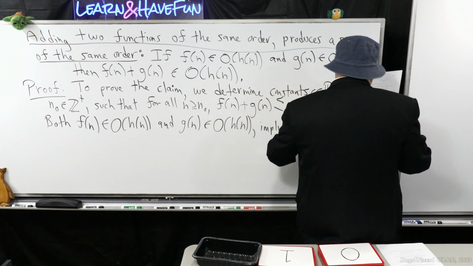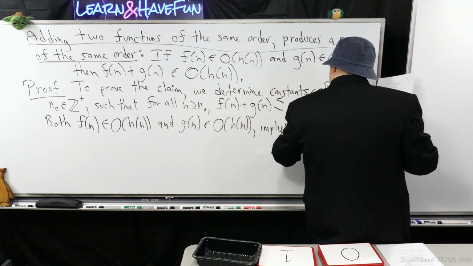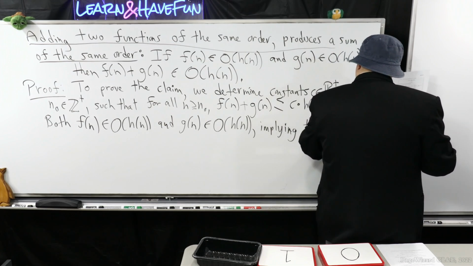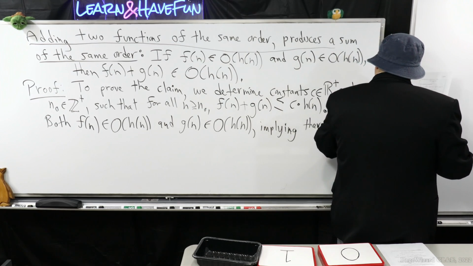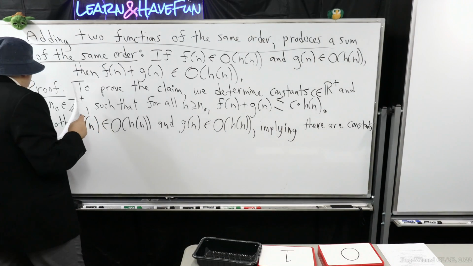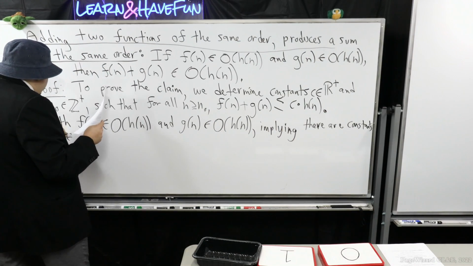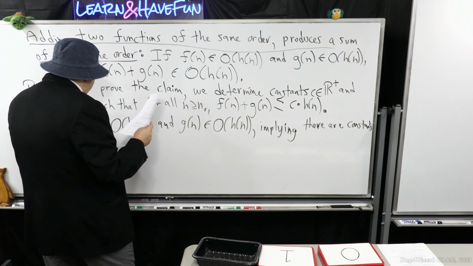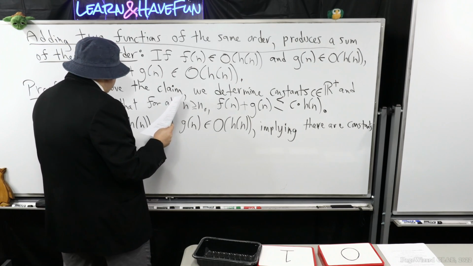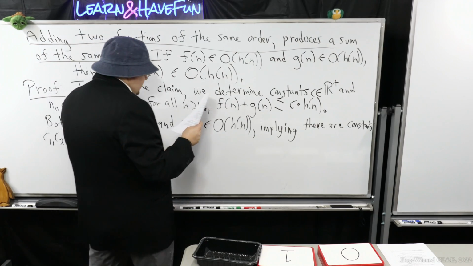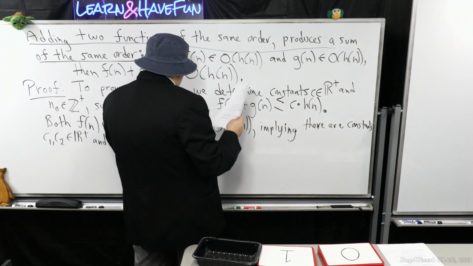Implying there are constants, c1 and c2, which are going to be positive real constants, and n1, n2, which are going to be positive integers, so that the following is the case.